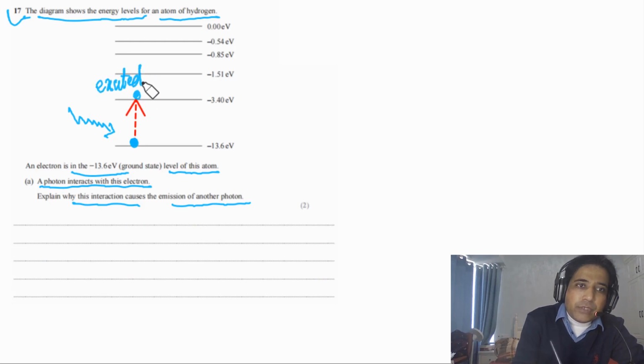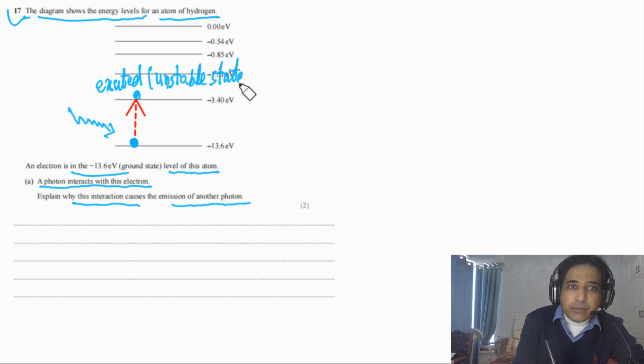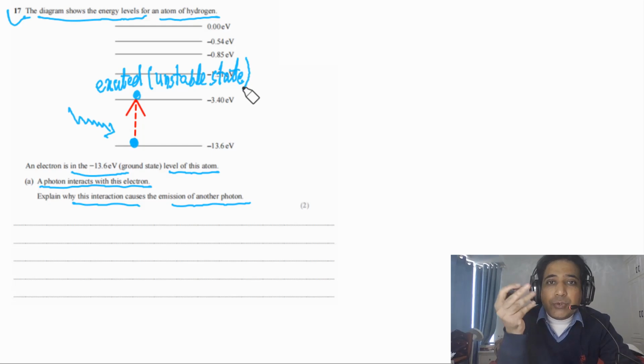And this electron will not stay here for long because the excited state is an unstable state. And everything in the universe just wants to be stable. As human beings, we just want to be stable. So these electrons also want to be stable.